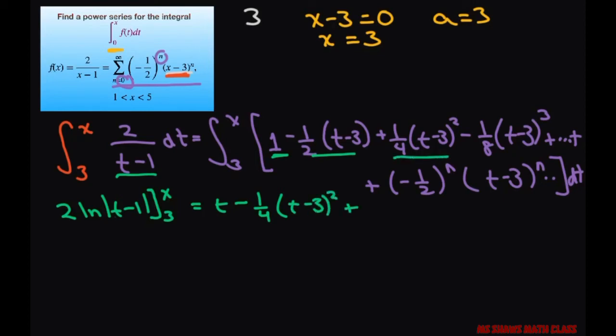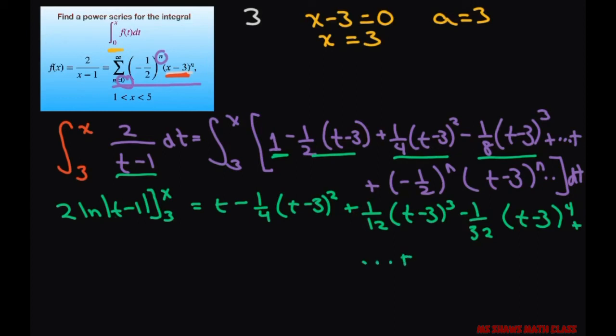For this piece, we're going to get 1 12th times t minus 3 cubed. And for this piece, we're going to get minus 1 divided by 32 t minus 3 to the 4th, and then plus dot dot dot. And finally, we're going to have negative 1 half to the nth power times t minus 3 to the n plus 1 divided by n plus 1, plus dot dot dot.